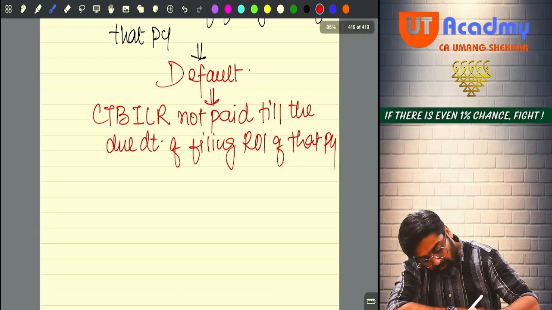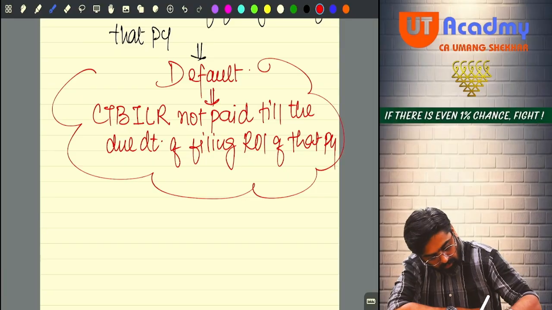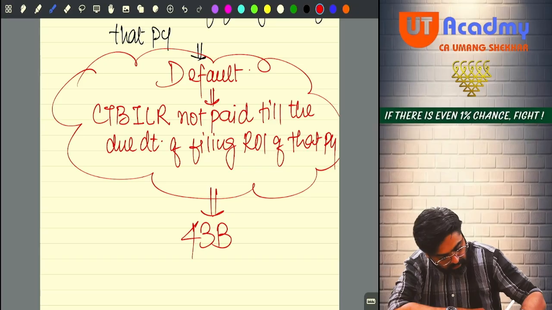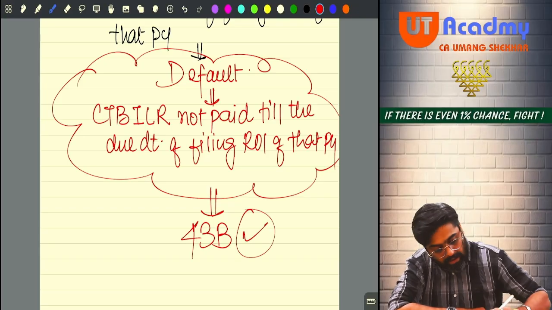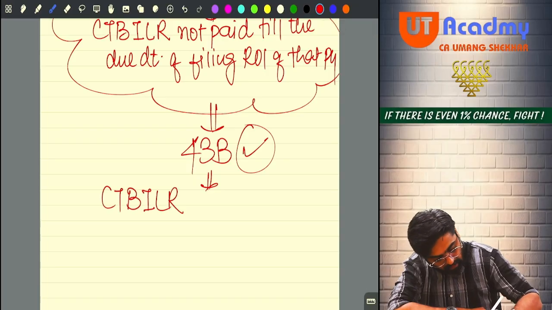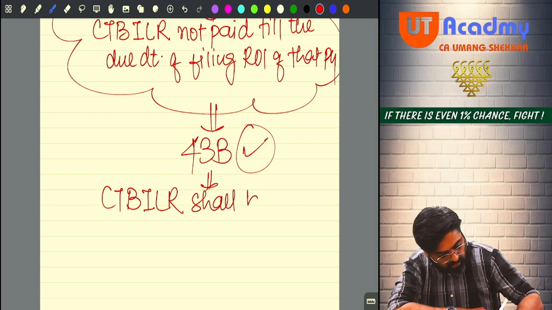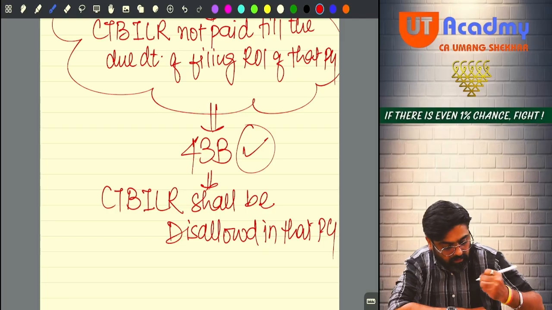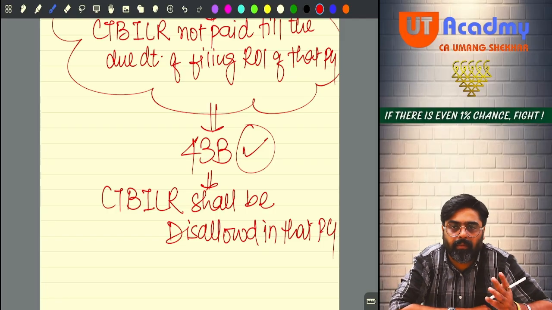Now if this default happens, guys, then 43B will be attracted. As per 43B, such expense shall be disallowed in that previous year, meaning it will not be allowed as a deduction out of that year's PGBP income. That's it.